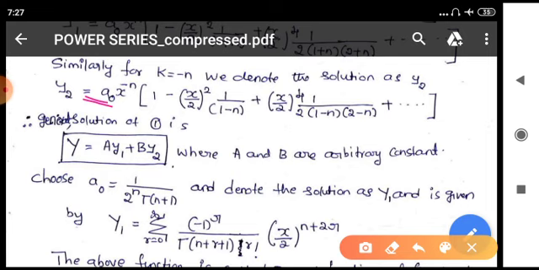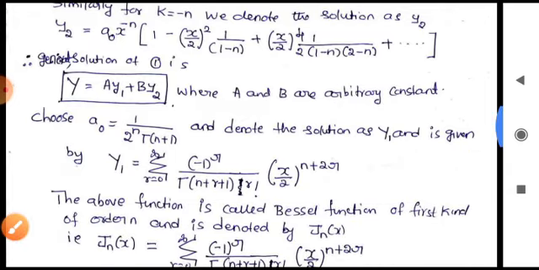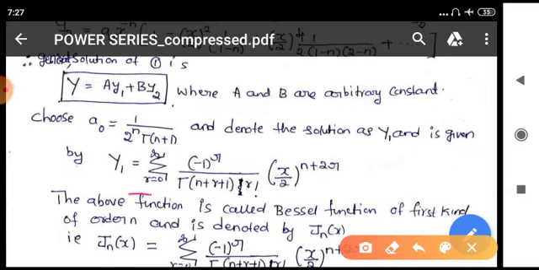If we choose a naught as 1 by 2 to the power n gamma of n plus 1, and we denote the solution as y1, and the expression for y1 is given by, you have to remember this, I have not done the simplification part, y1 is given by summation of minus 1 to the power r divided by gamma of n plus r plus 1 into r factorial x by 2 to the power n plus 2r, where r runs from 0 to infinity.